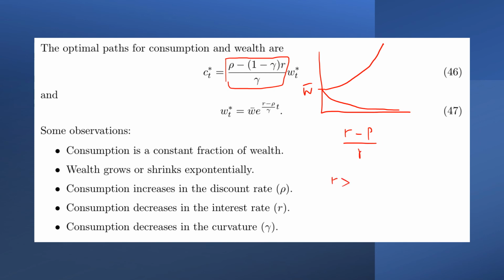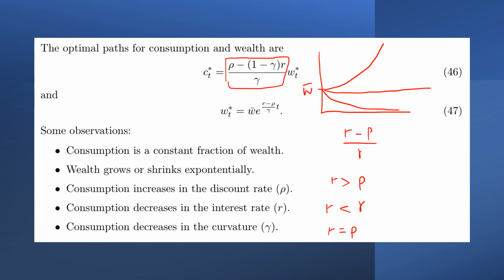So if r is greater than rho, wealth will grow forever. If r is smaller than rho, wealth will decrease forever. If r is equal to rho, we get a constant development like this. Wealth never changes because in this case the consumer always subtracts exactly the same amount he gets in interest. So every period he consumes up his interest income so that his savings remain constant.